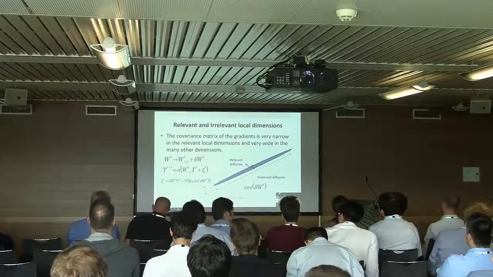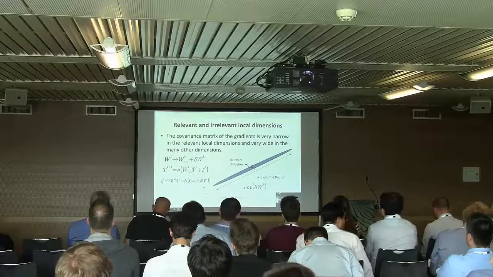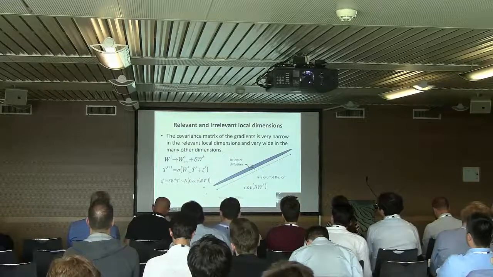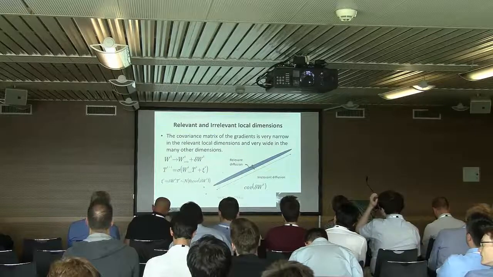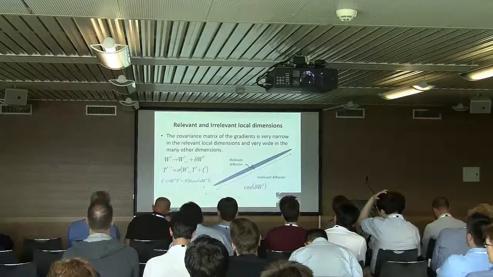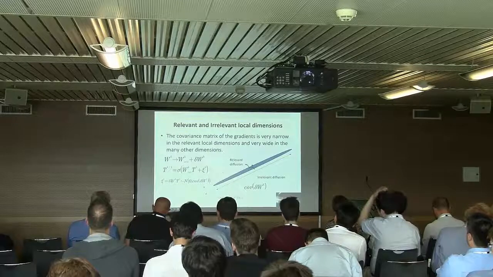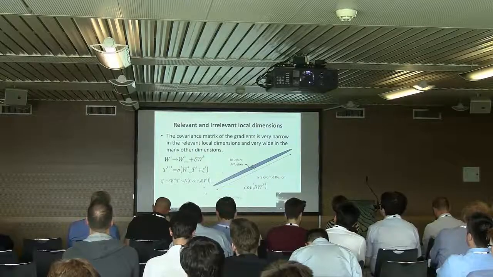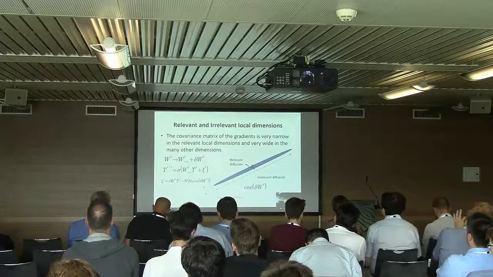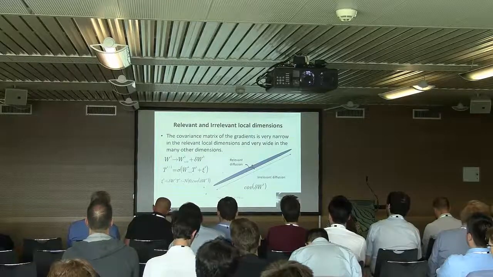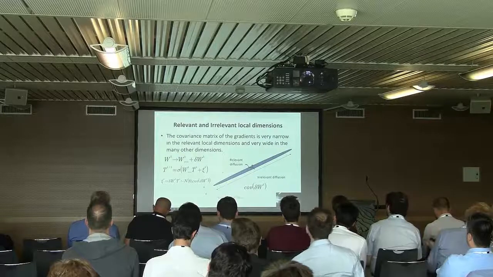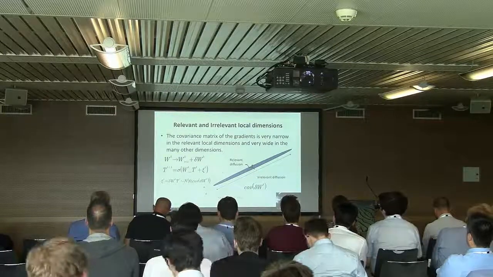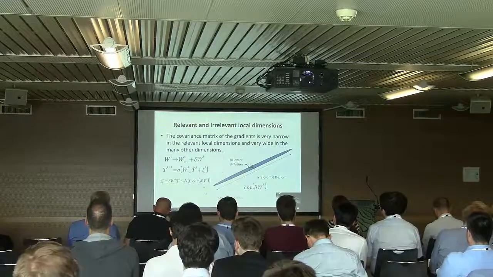It has a very high variance in the irrelevant dimensions and a very small preserved variance in the relevant dimension of the problem. Now, the relevant dimensions are precisely those things that we need to worry about, those features that if you change them, you change the label. But almost everything else in this high-dimensional space is irrelevant. And this is how the network eventually learns to ignore the irrelevant components, by adding this slow diffusion.